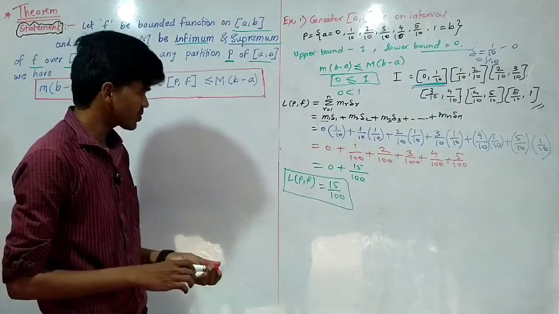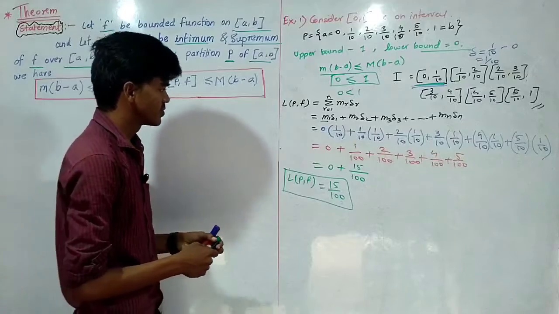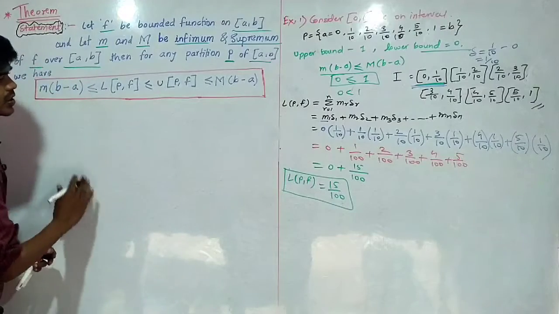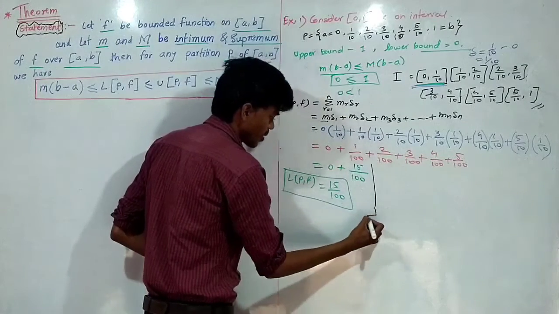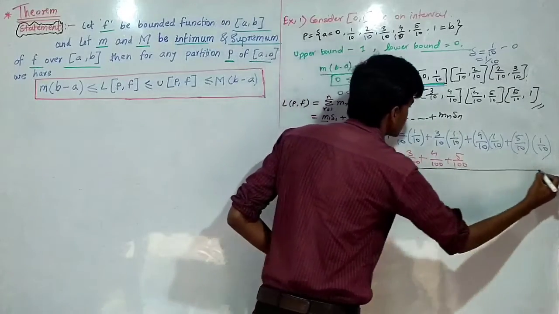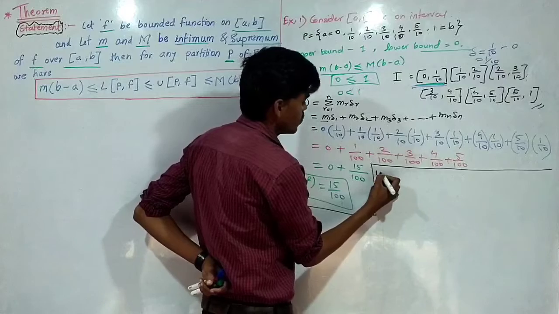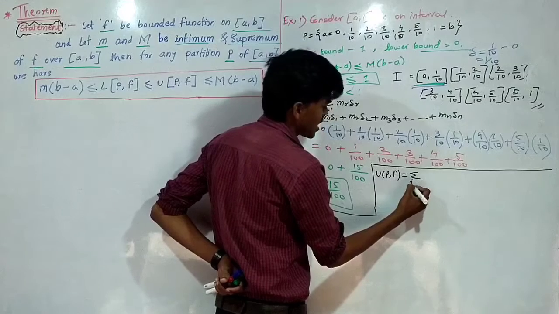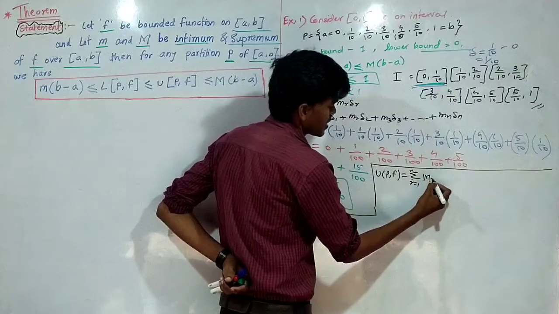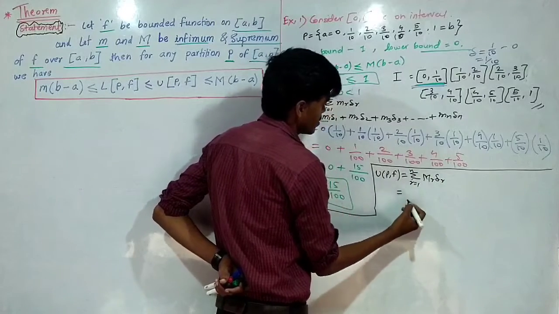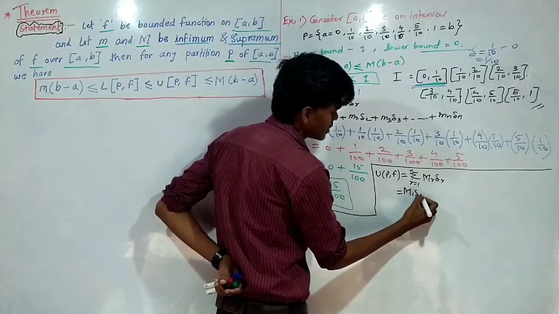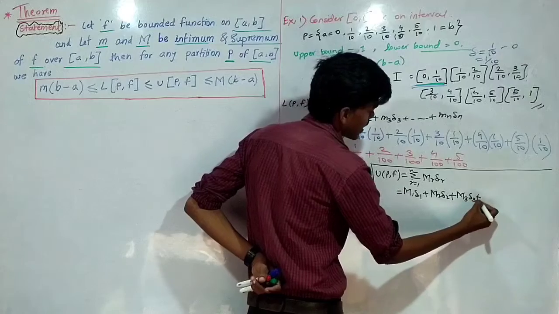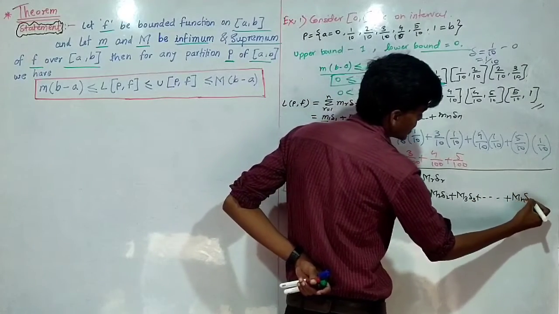Now we need to consider the same for the upper sum. UPF, the upper sum of the given function over the partition P, is defined as the summation from R equal to 1 to n of capital MR delta R, which is capital M1 delta 1, plus capital M2 delta 2, plus capital M3 delta 3, and so on, up to capital Mn delta n.